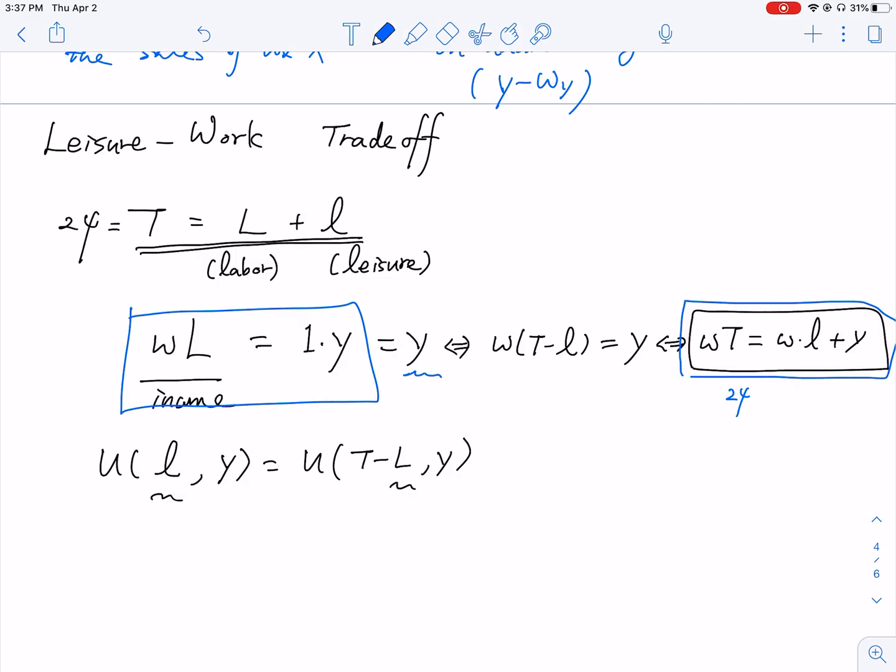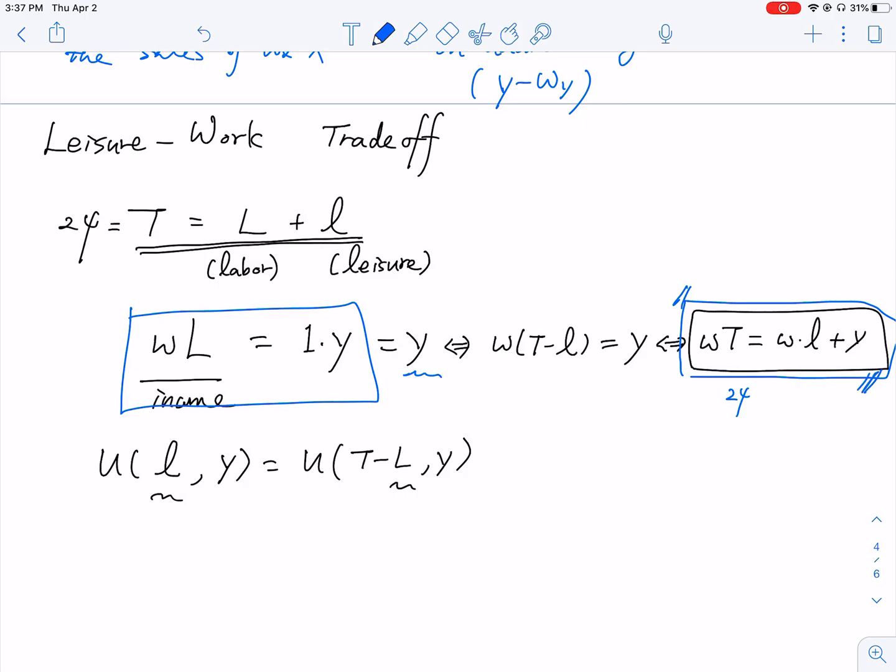Because one hour spent playing a computer game means one hour's worth of the wage given up. So in that sense, we can write down the budget constraint like that.